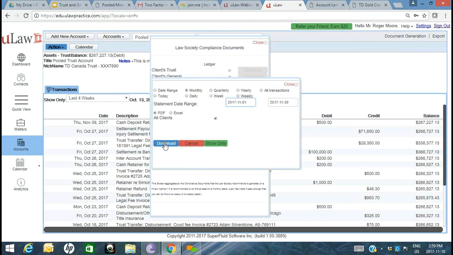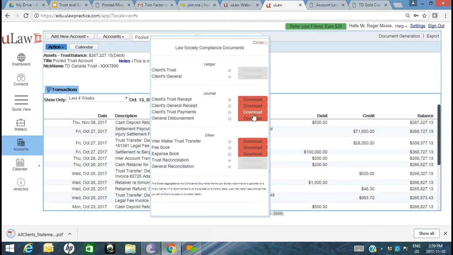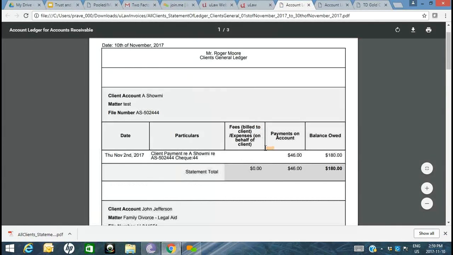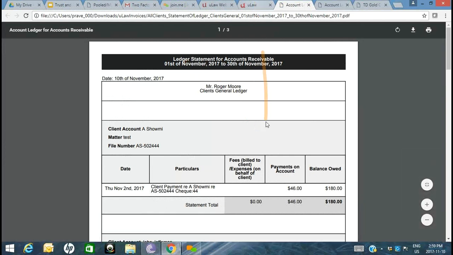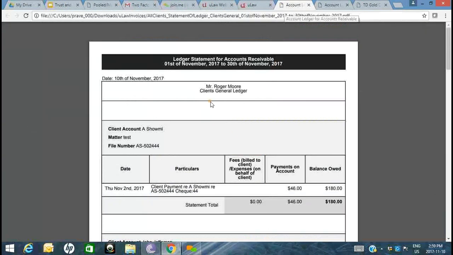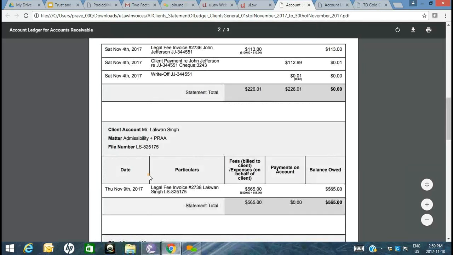Now that you've done these two major reconciliations, let's go look at our client's trust document, all the ledgers. Download it, do it for the month of November. Okay, download. Done, right? So here's your monthly ledger for trust. So this is the only one that was done for November. And there you go. For general, because I think most of the others were previous dates.